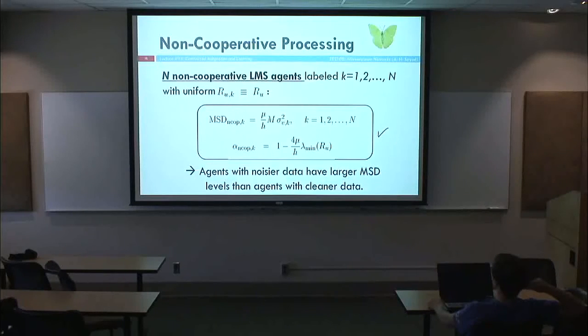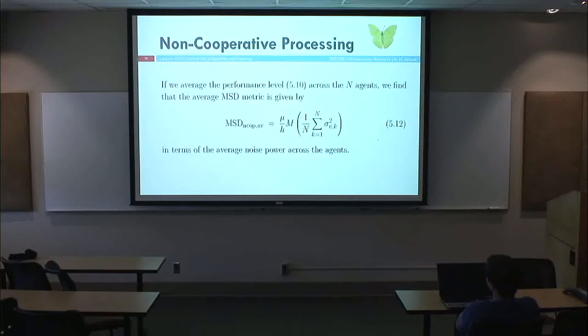The MSD, if you were to plot the MSD, so if the vertical axis is the expected value of W tilde at node K over time, they will all be converging at the same rate, but some will converge to a lower level, others will converge to a higher level, and so forth. So this is simple. This is just direct application of what we learned in the previous lectures.